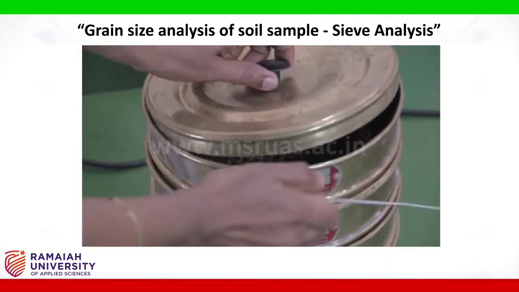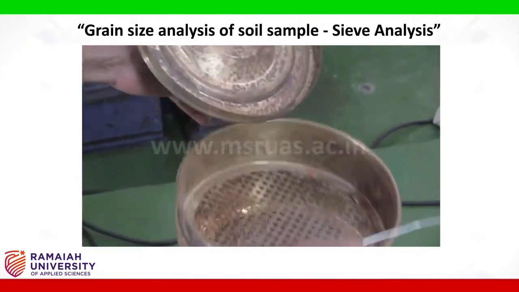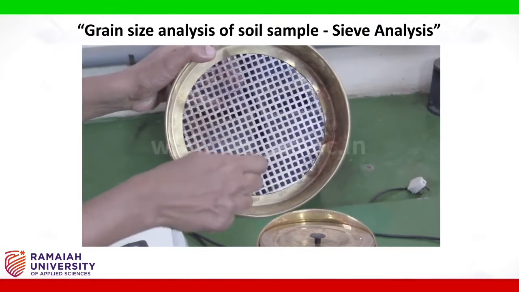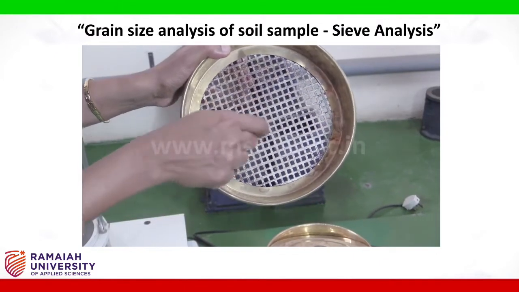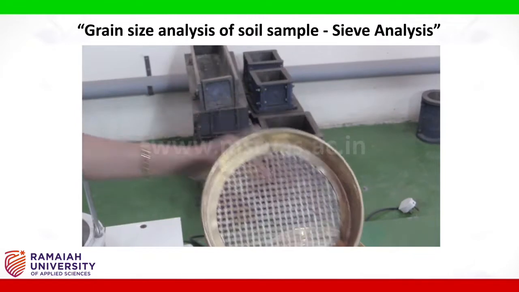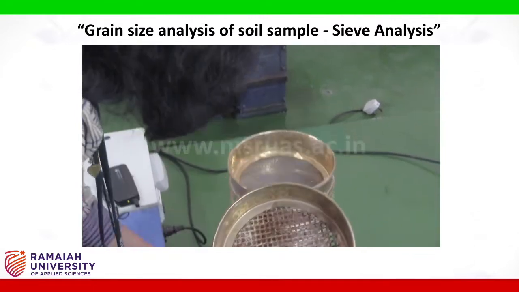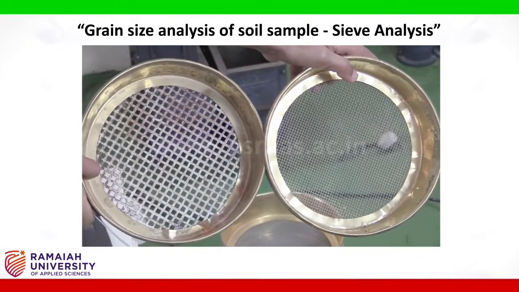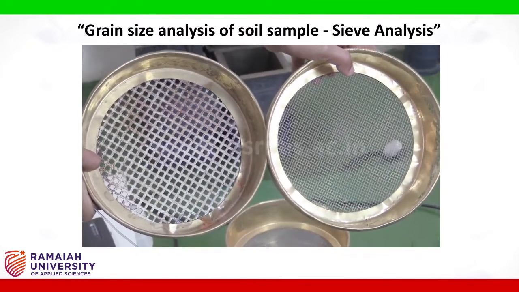This 4.75 sieve indicates that the size of the holes in this is 4.75 mm. Now the next sieve is of 2.36. Now you can see the difference between the sizes of the sieves.